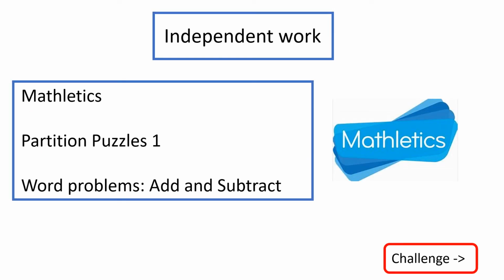Okay, so now we've had a bit of a whistle-stop tour through some revision of part-whole models using partitioning and word problems using addition and subtraction. I would like you to complete 2 different activities on Mathletics today. The first one is called Partition Puzzles 1 and the second one is called Word Problems, Add and Subtract.